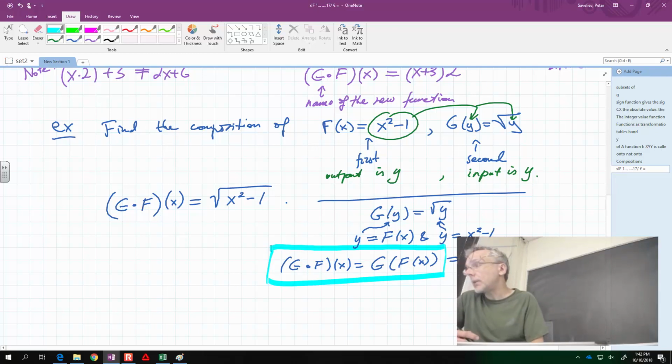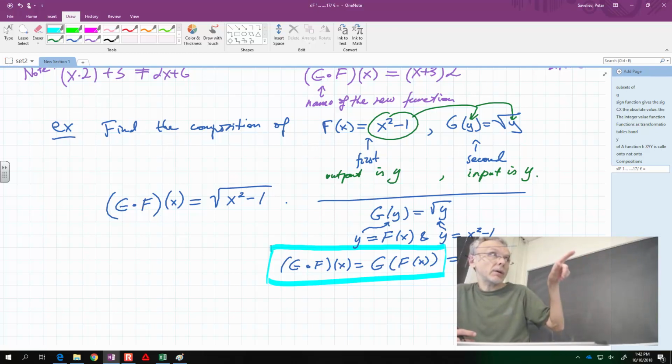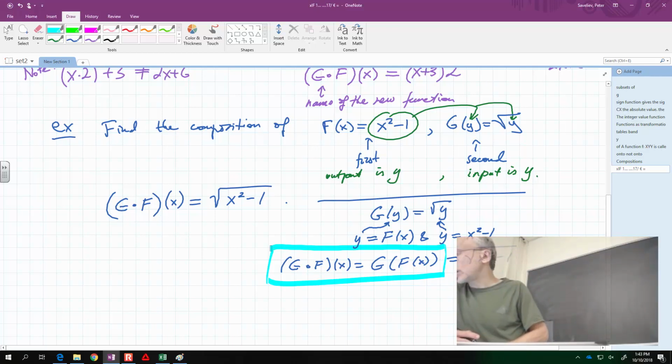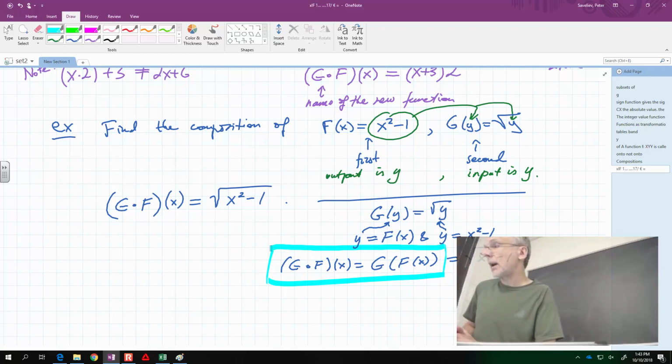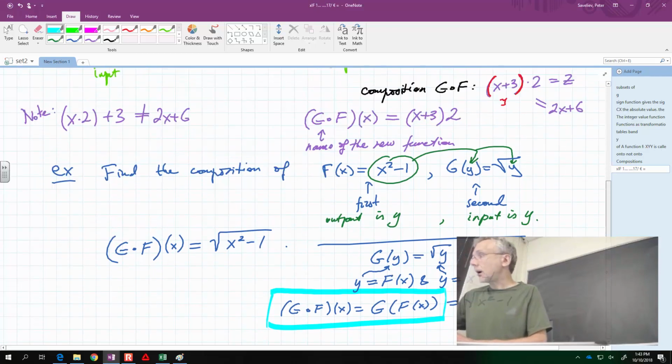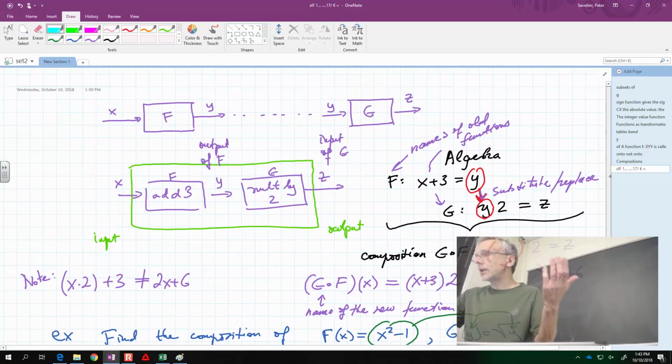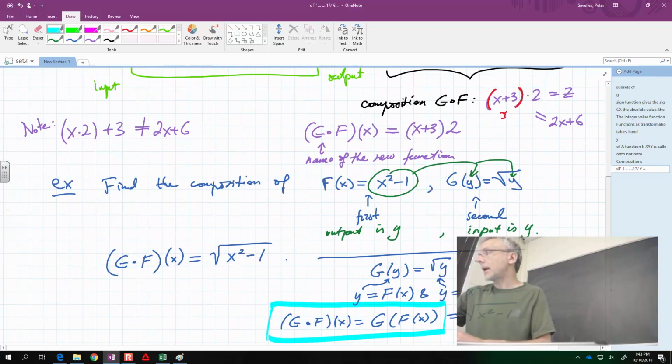Okay, so the meaning of g circle f is what? It's what's in the next line: g with its input in parentheses substituted by f of x. Both of them are kind of cumbersome, and the algebra is frequently more cumbersome than the idea of consecutive computation, which is really not that complicated if you look at it in that manner.